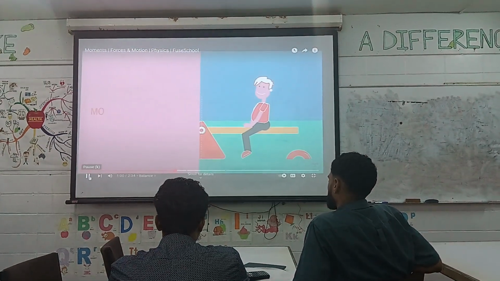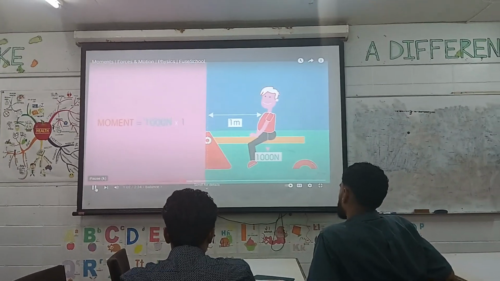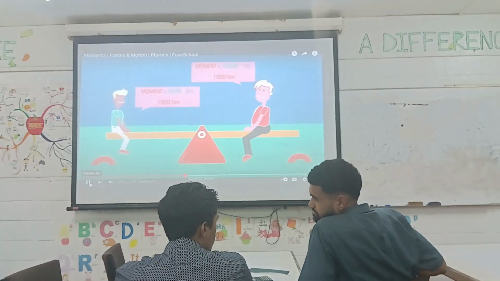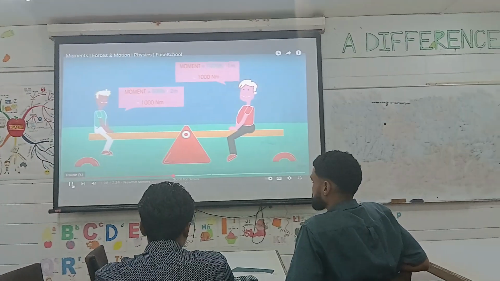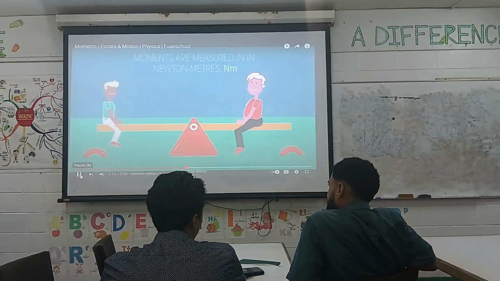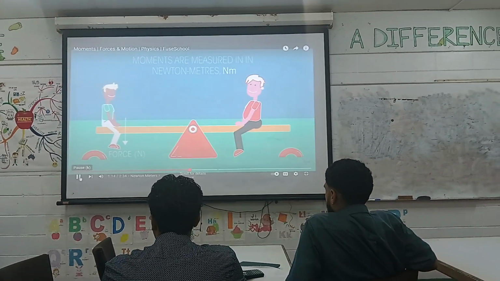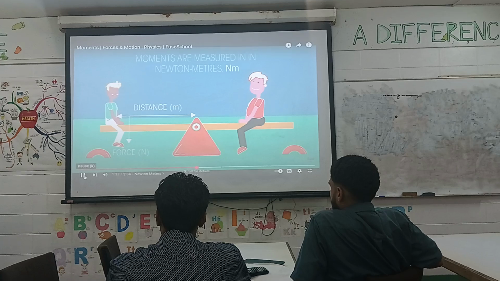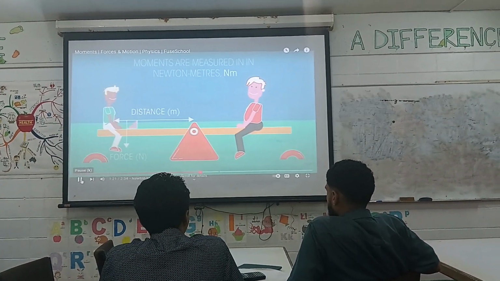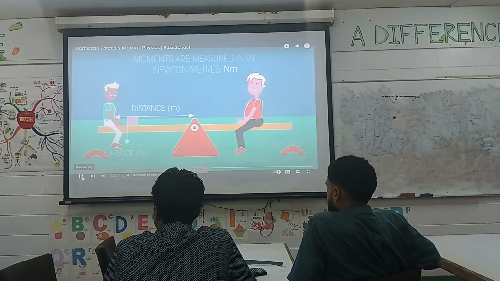And the heavier person is 1,000 times 1 meter, to also give 1000 newton meters. They are perfectly balanced on their seesaw. Did you notice that moments are measured in newton meters, Nm, because force is measured in newtons, N, and distance in meters? Note that the distance must be the perpendicular distance from the pivot to force.